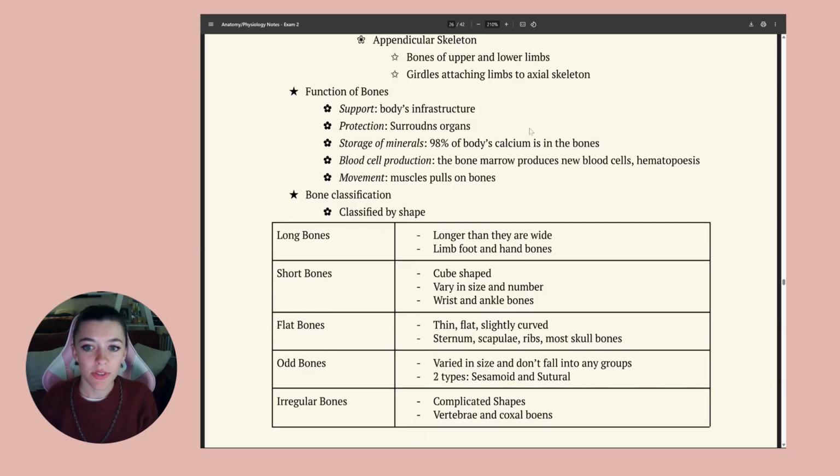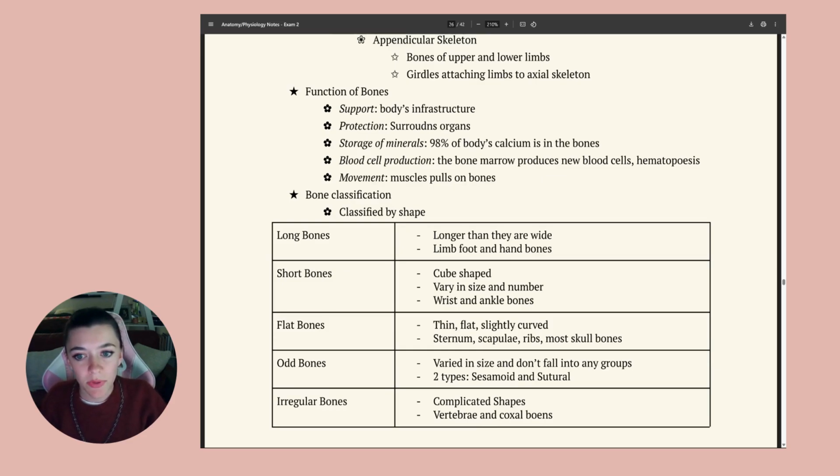Functions of bones. Okay, so know these. There are 5 functions of the bones: support, protection, mineral storage, blood cell production, and movement. Bones support the body's infrastructure. They protect the surrounding organs. They store minerals, i.e., 98% of the body's calcium is stored in bones.